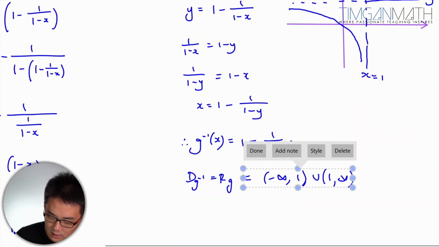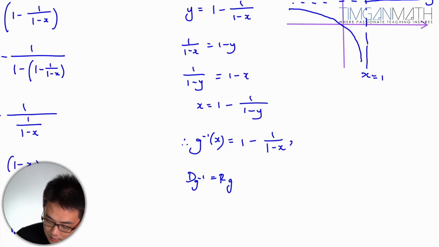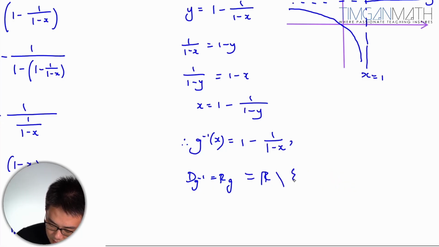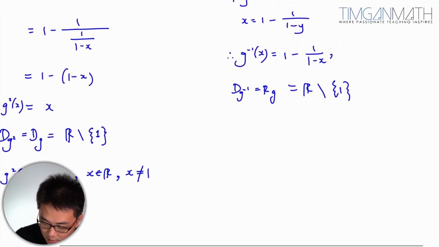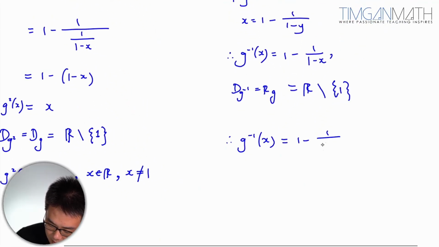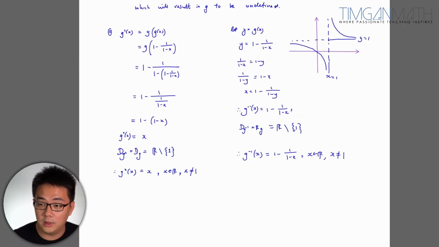So it's the same thing, real values not equal to 1. We get g inverse of x equal to 1 minus 1 minus x. Yeah, there you go. This is how you do this question here proficiently.